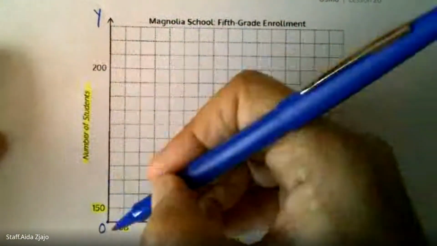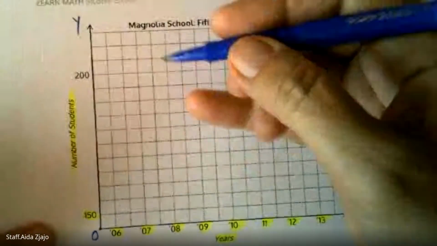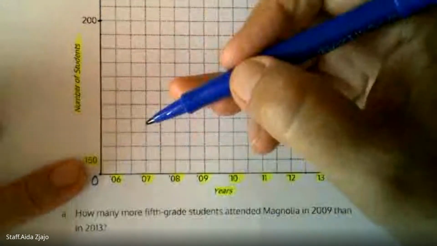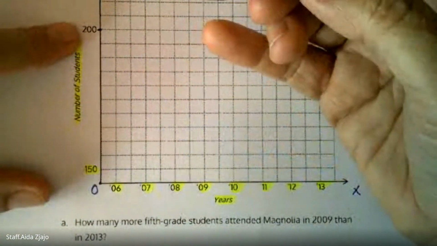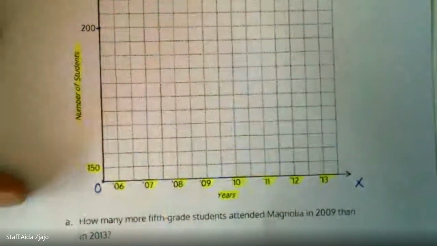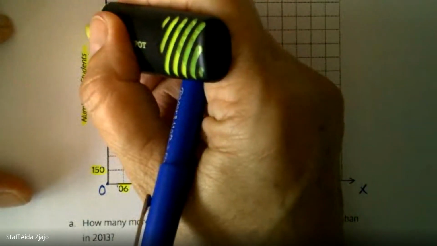But then they skip, so we can think about what scale they have from 150 to 200. We can see that the difference between 200 and 150 is 50.